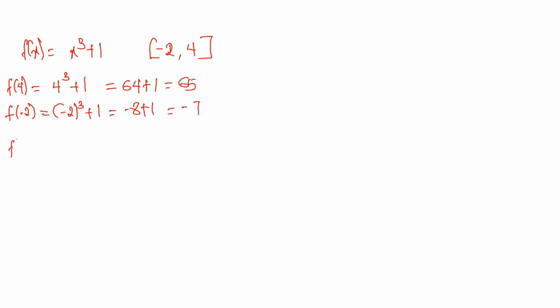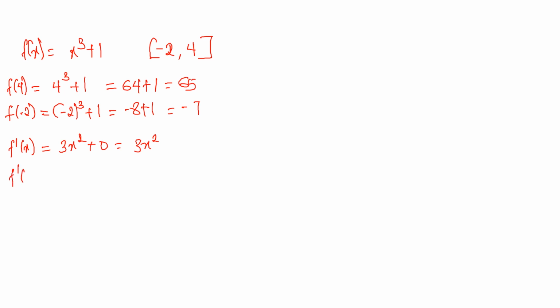Then you're going to find your f prime of x. F prime of x is the differentiation of f of x, and f of x is x cubed plus 1, so it's going to be 3x squared plus 0, which is 3x squared.